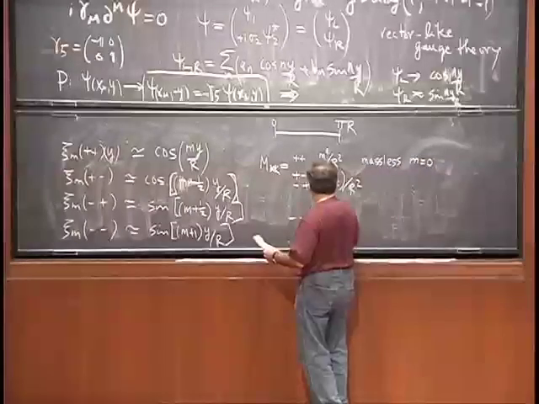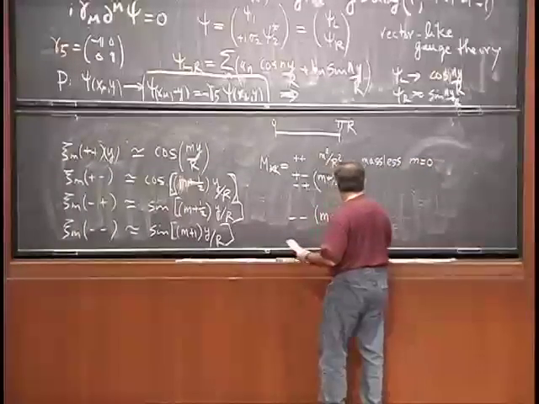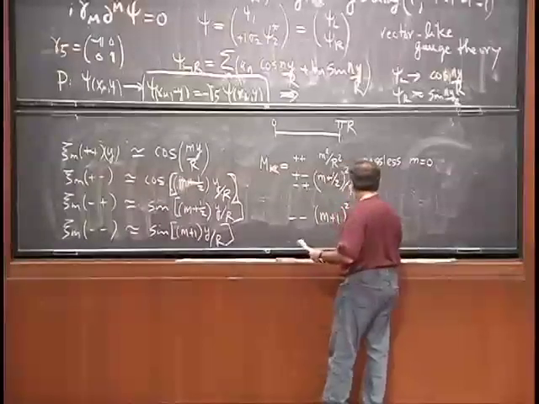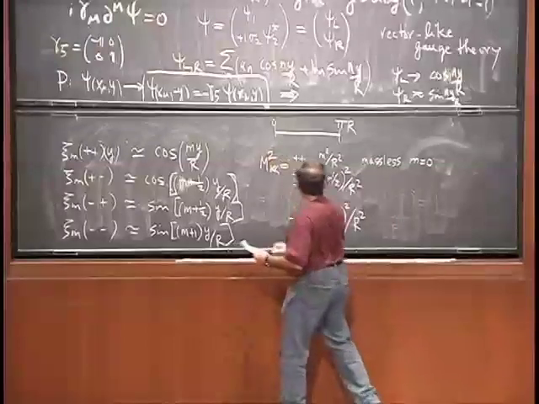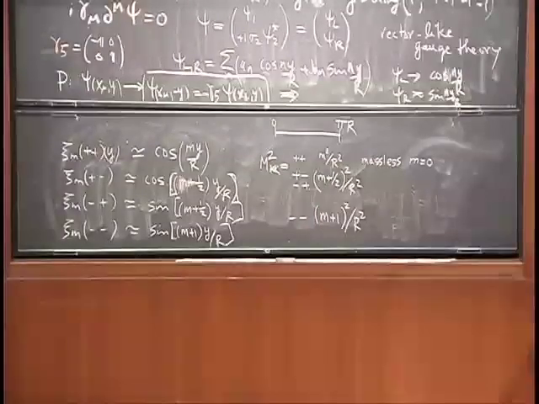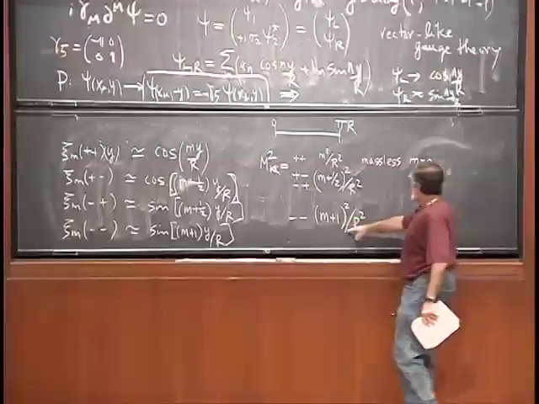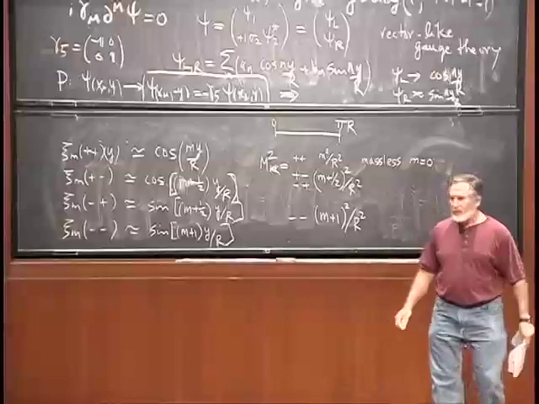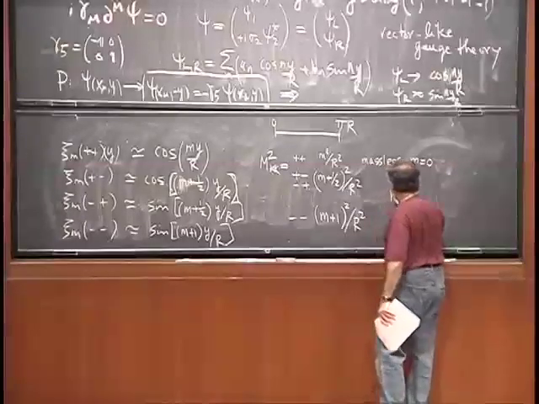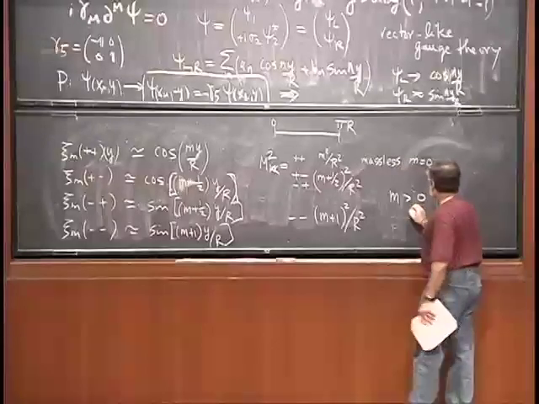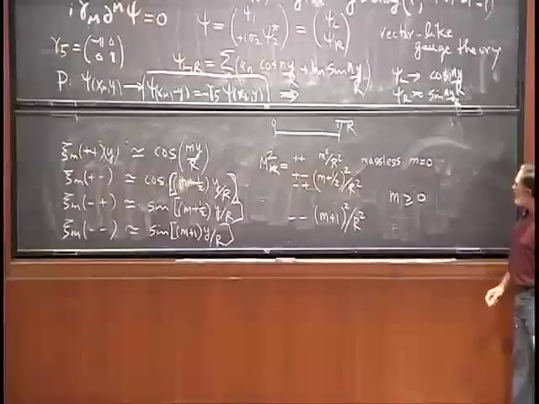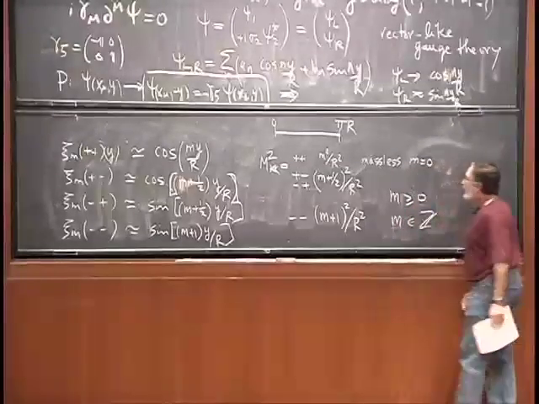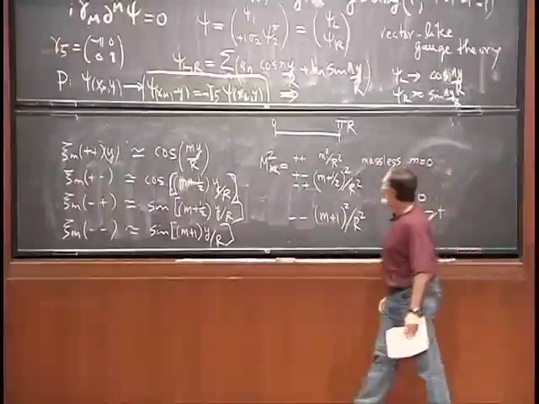And the minus minus modes have Kaluza-Klein excitations where m goes up from... And I'm writing down mass squared; I could write down mass if I wanted to. This one has no massless modes because m starts out at 0 and goes up to infinity. So these modes are described by m, an integer greater than or equal to 0, so I guess you would write that as a positive integer.